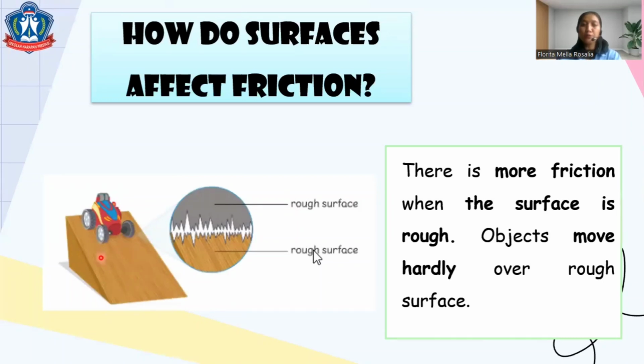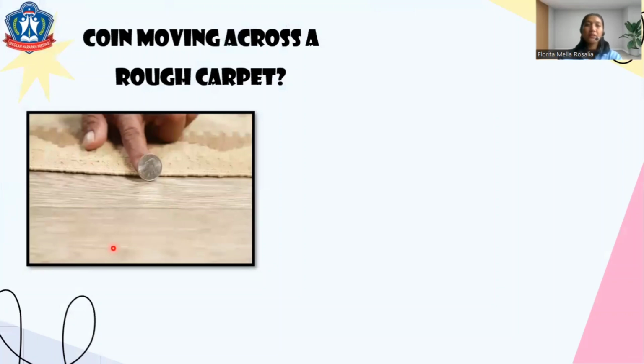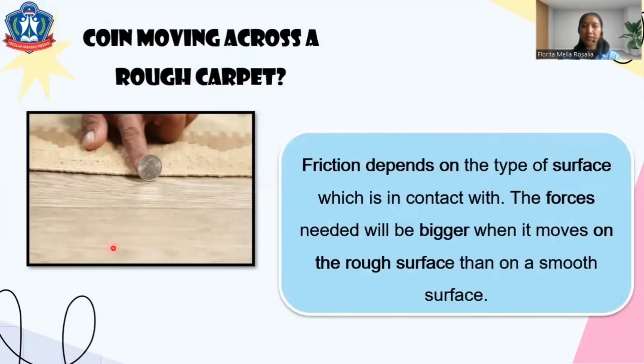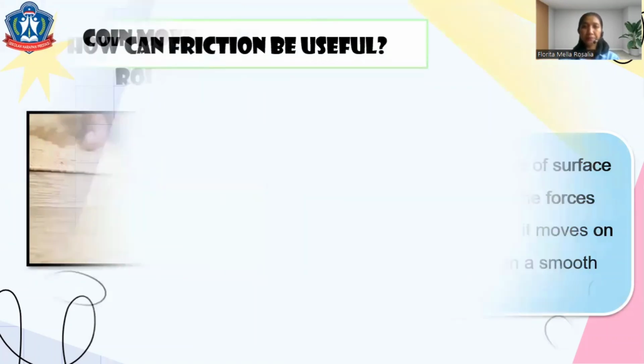The objects move with difficulty over the rough surface. So, a coin moving across a rough carpet, how's the process? Friction depends on the type of surface which is in contact. The force needed will be bigger when it moves on a rough surface than a smooth surface.